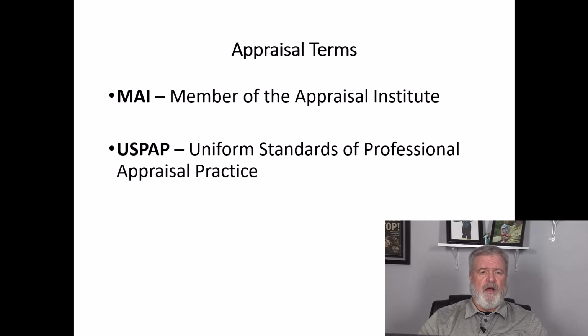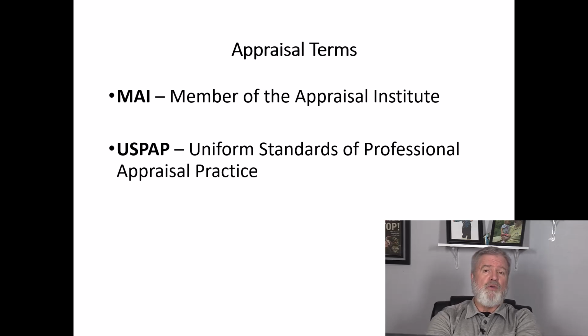And then, I think this is towards the end of the definitions, but really what you're looking at here are two acronyms that deal with appraisals. And my guess is they're going to ask you what these acronyms mean for at least one, if not both of these, because they're really both kind of important.